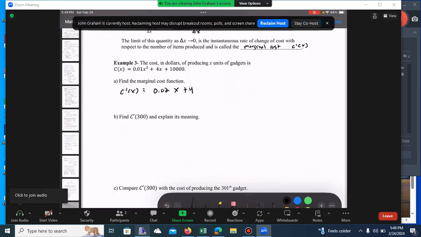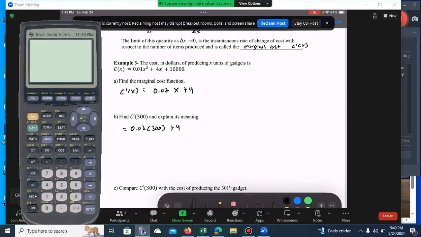That would be 0.02 times 300 plus 4, which is 10. So C prime of 300 is 10.